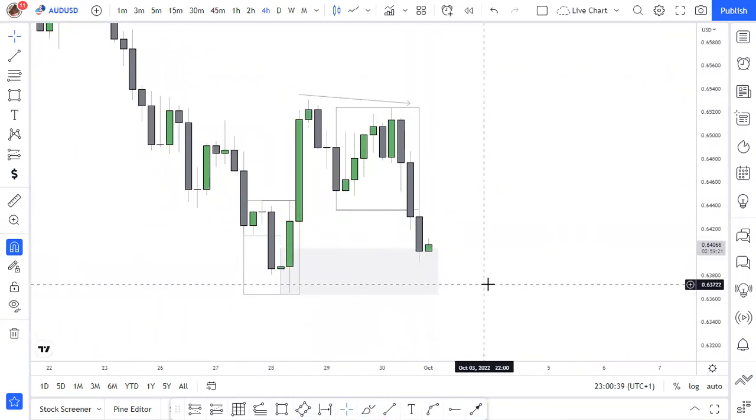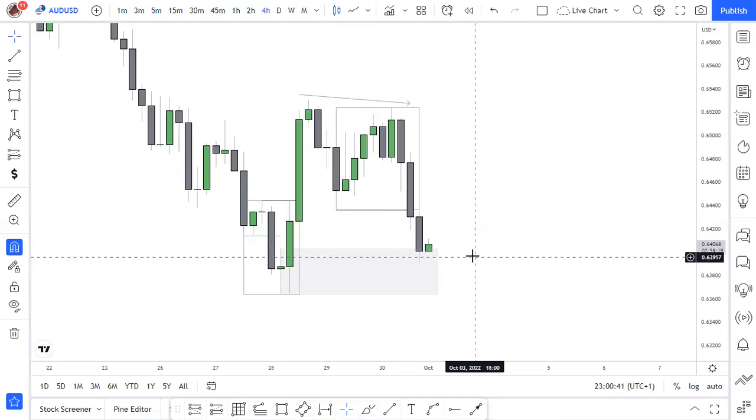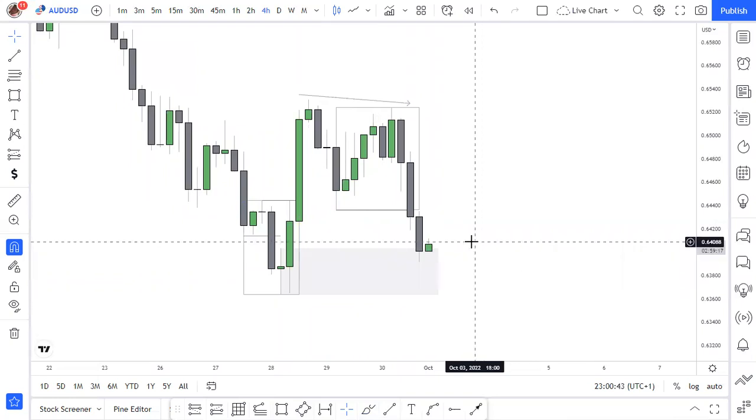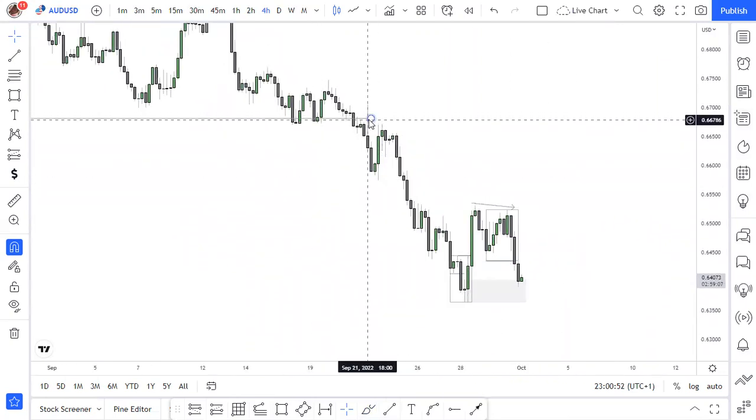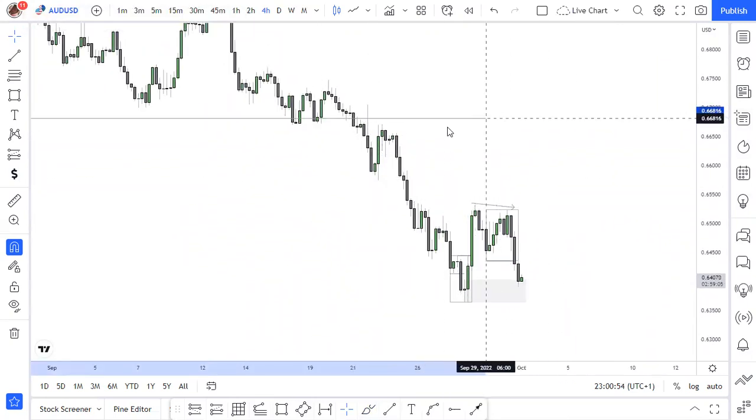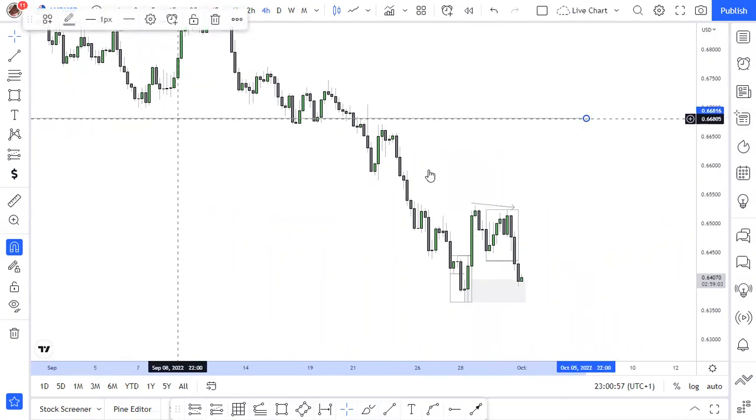But we still also have to take note of the direction of the daily time frame. We said we want to see the daily time frame pull back, even if it's to the bottom of this range here.